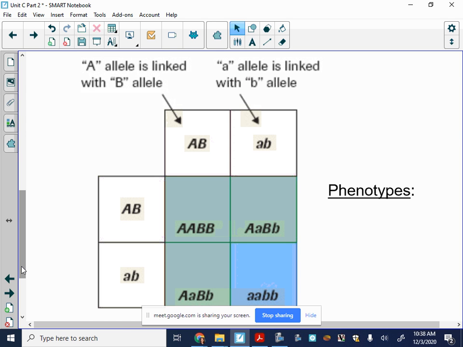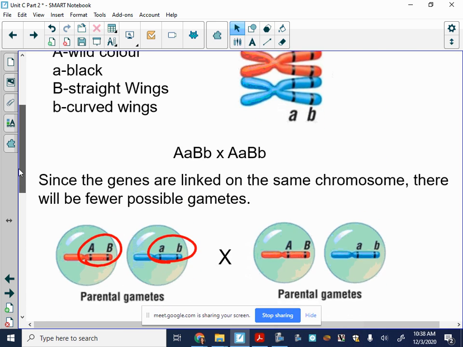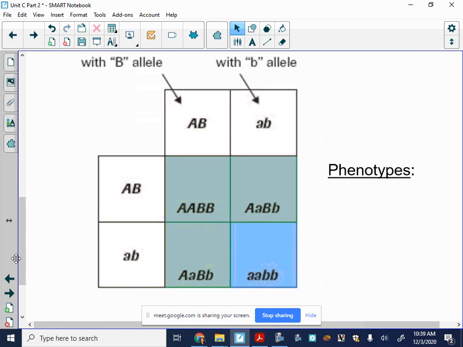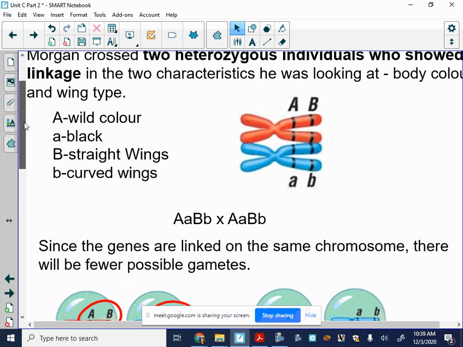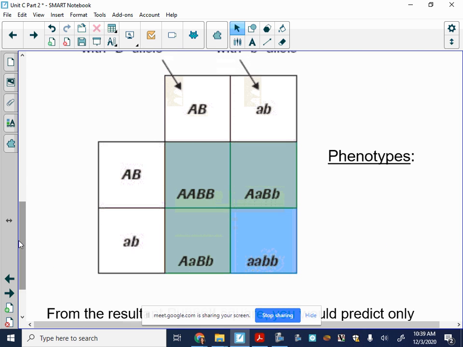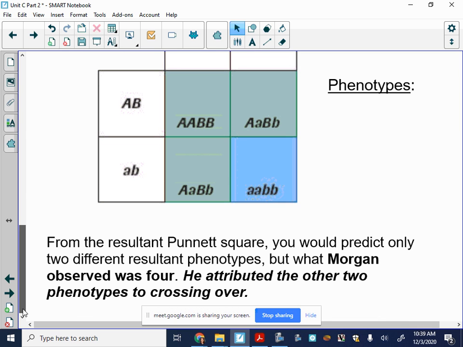Three out of the four are wild type, with straight wings, and only one is going to be the black with curved wings. So it's always a 3-to-1 ratio.